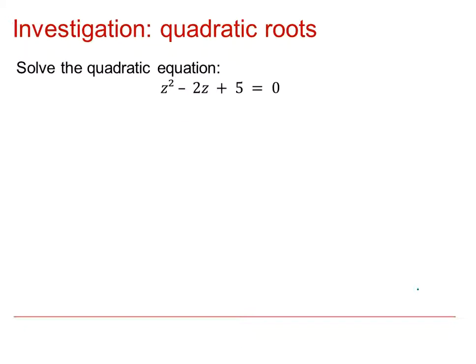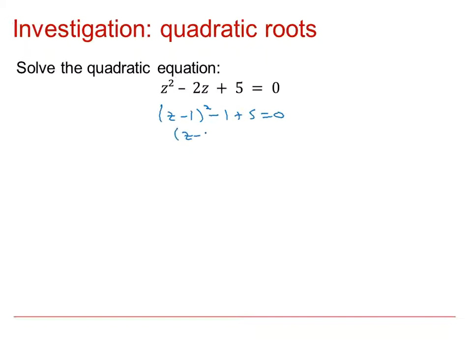If we look at this new problem, can we solve the quadratic equation z squared minus 2z plus 5 equals 0? I'm going to solve this one by completing the square. Half of minus 2 is minus 1, so I create the squared. Minus 1 squared is of course 1, so I need to take off 1 before I add on the 5.